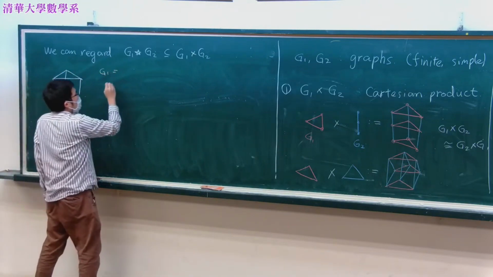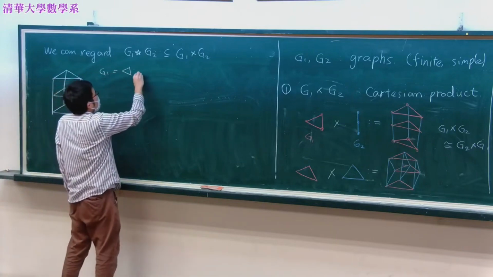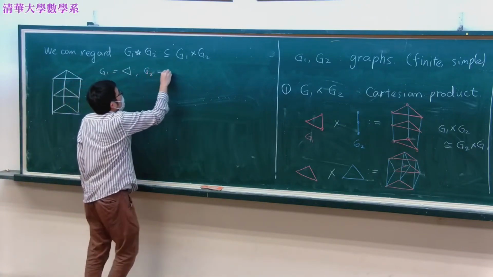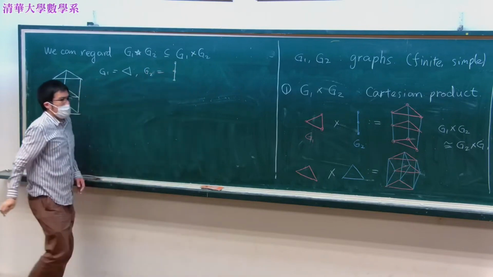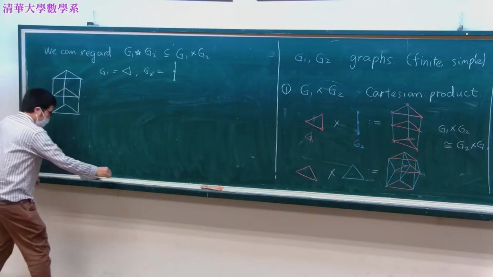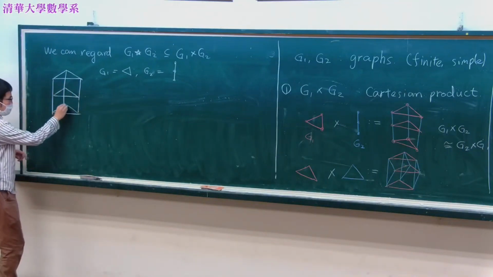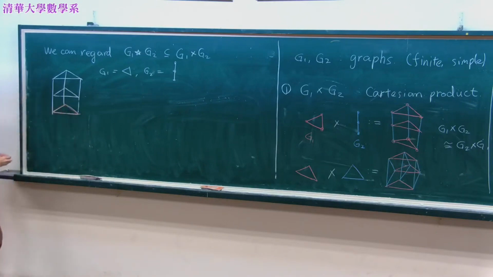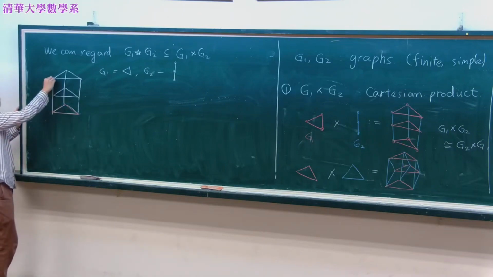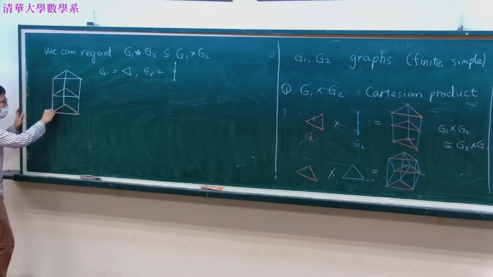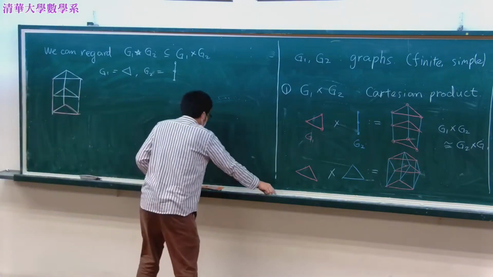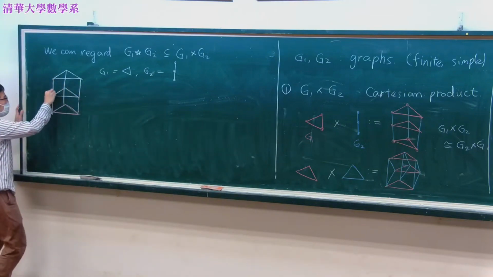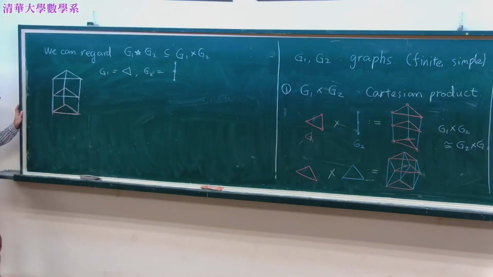So in this example, G1 is a triangle and G2 is this 3-point line. Let's take this part: the bottom copy of G1, and here is G2. This is just a star product of G1, G2.